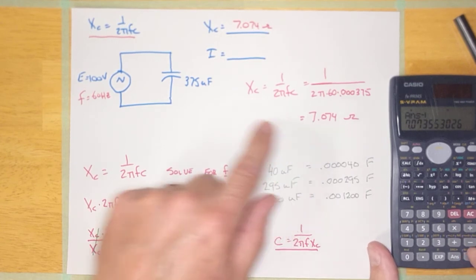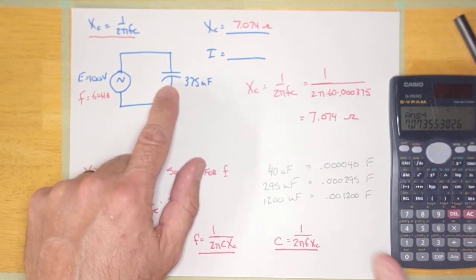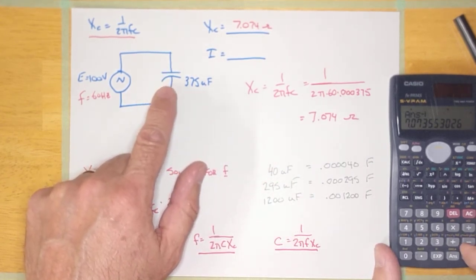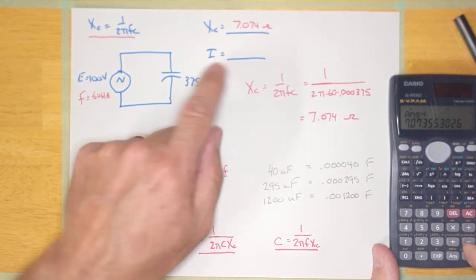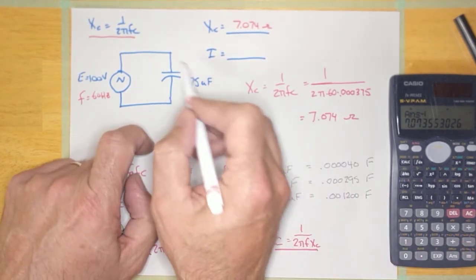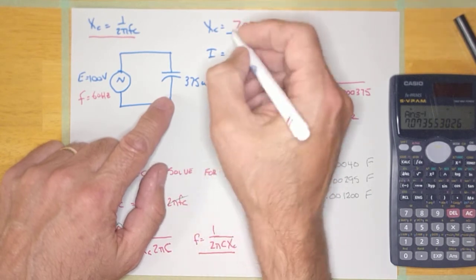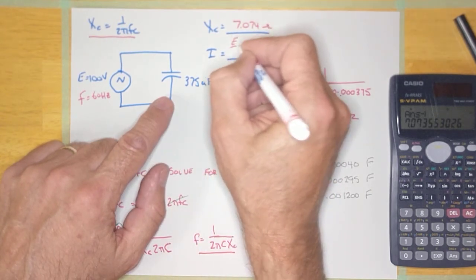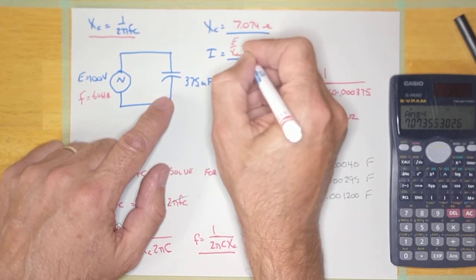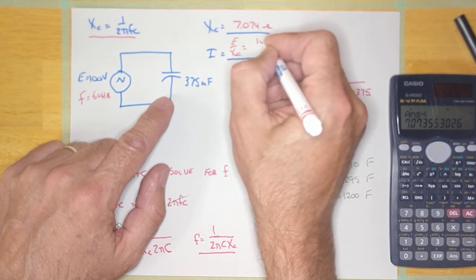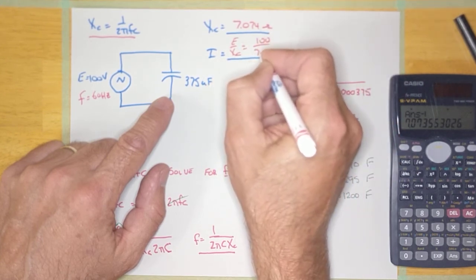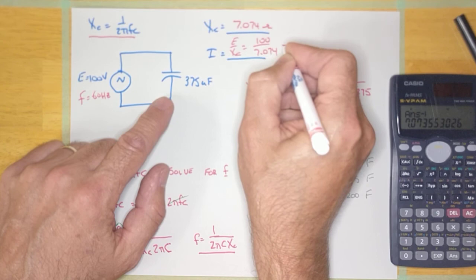Now that we know that this is behaving like 7 ohms in the circuit, guys, we can calculate the current in the circuit because that's the only gadget in the circuit that's limiting current. So I is going to be E/XC. Voltage was 100, and XC is 7.074.